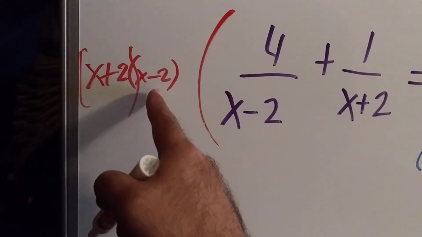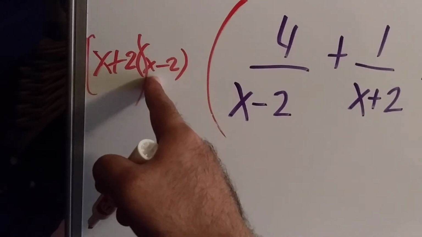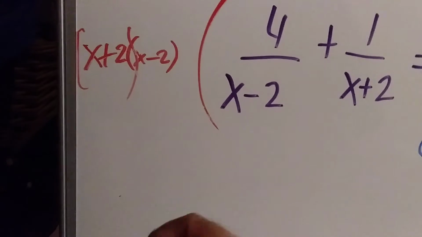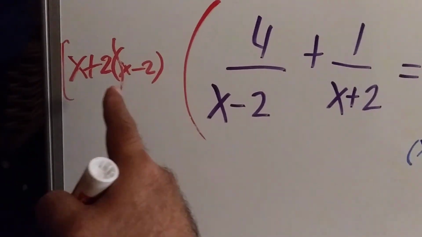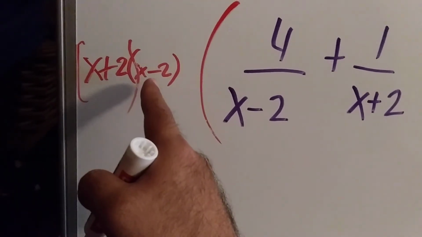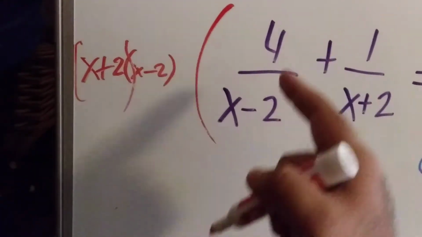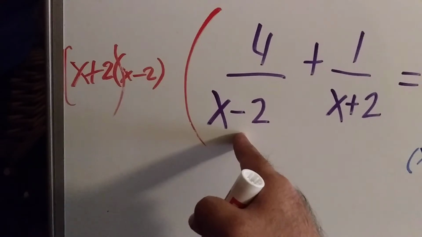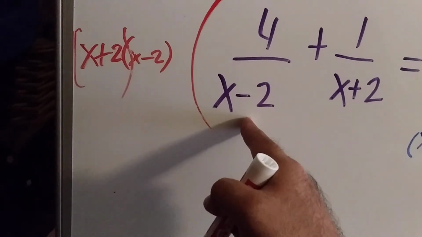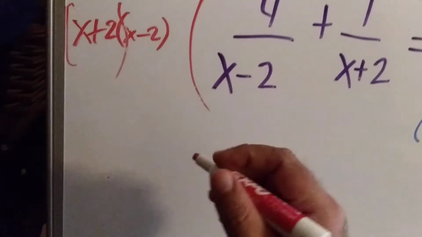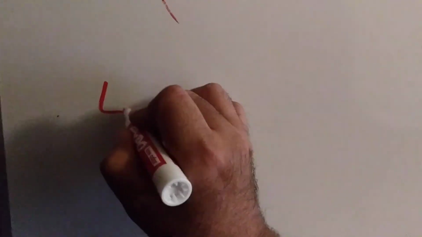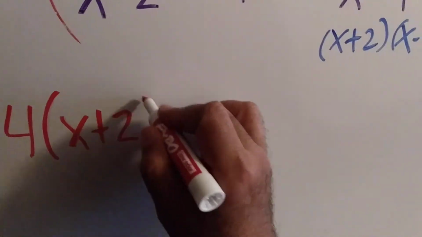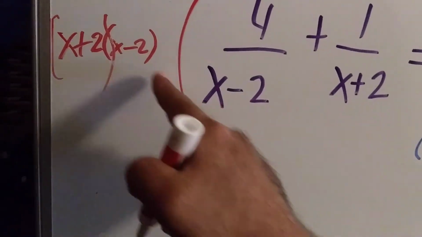Then we're going to multiply this x plus 2, x minus 2 times the first term, but the x minus 2 is going to cancel out with this denominator here. So technically the first term here will become 4 times x plus 2, right? Because the x minus 2 got canceled out.